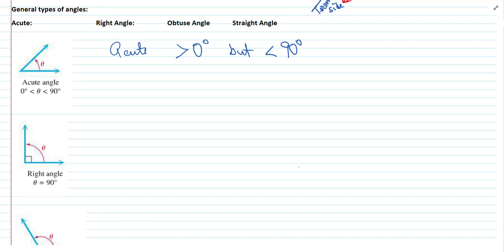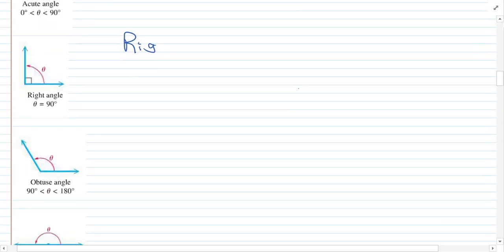Then we have the 90 degrees, and we'll be studying this one a lot, and that is our right triangle angle, and it is exactly 90 degrees.